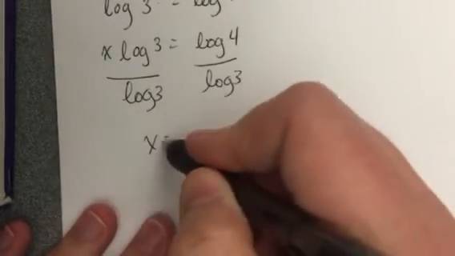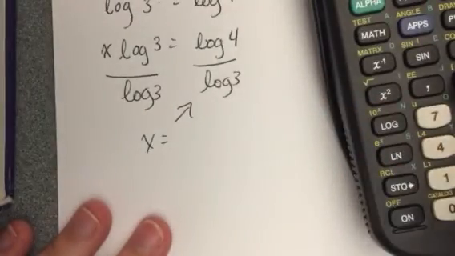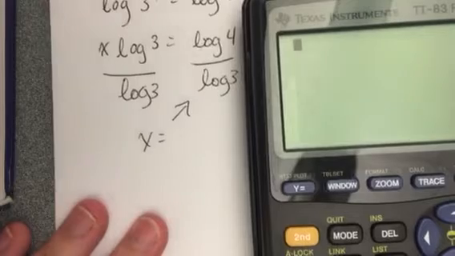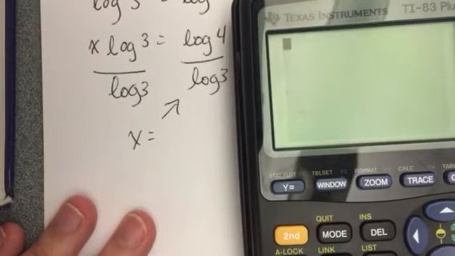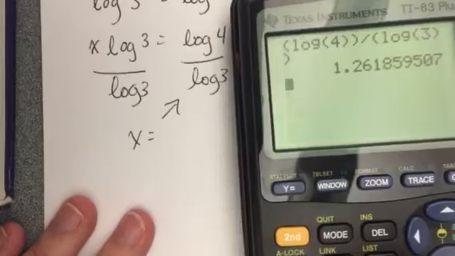And now we simply substitute that into our calculator. Remember, parentheses, parentheses, parentheses. I'm going to type in log of 4, and we'll go ahead and put parentheses on top too, since we're trying to be cautious, divided by the log of 3. Bam, you get 1.2619.